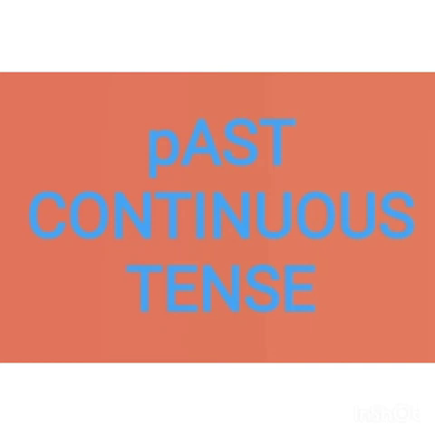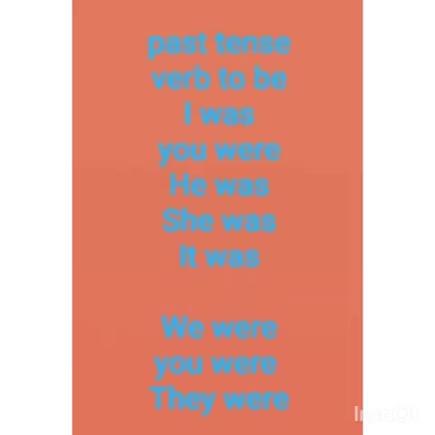Let us now conjugate the verb to be in the simple past tense. I was, you were, he was, she was, it was, we were, you were, they were.